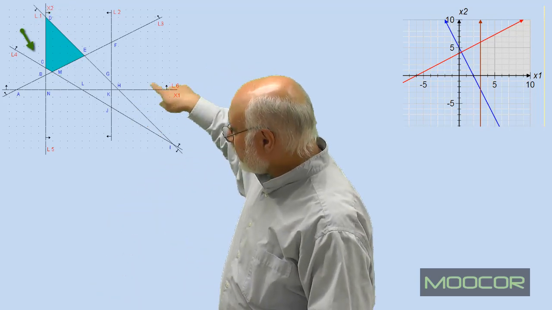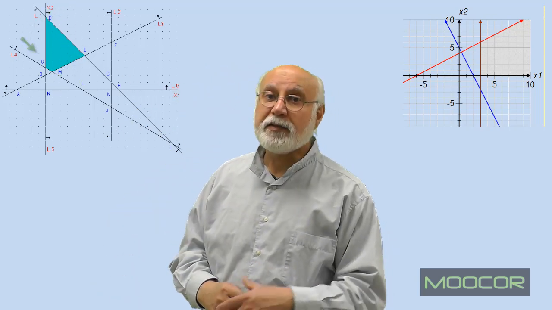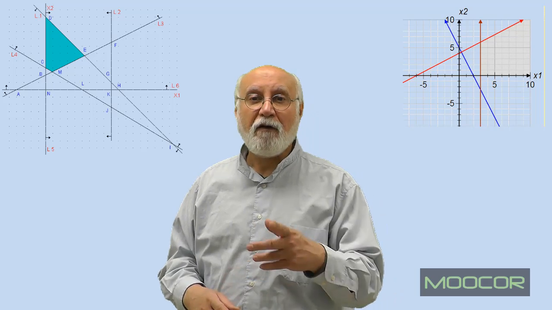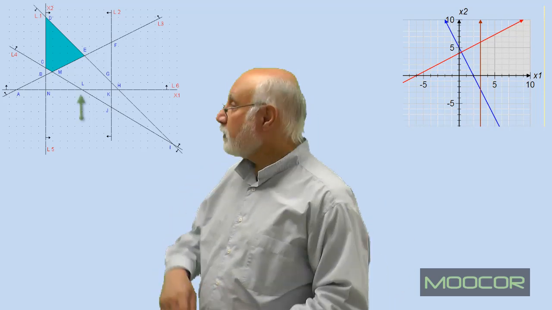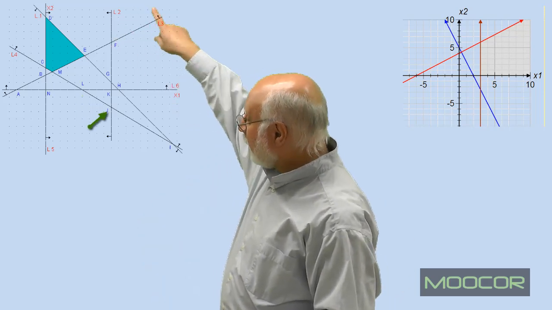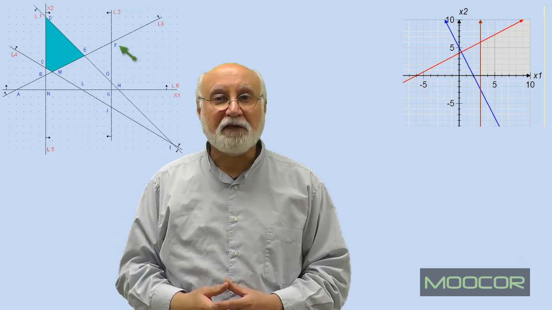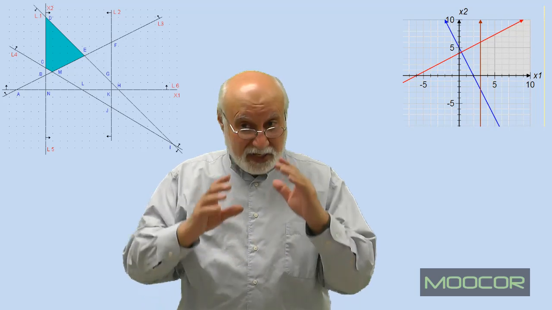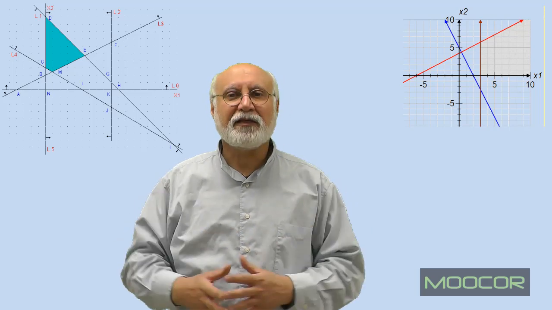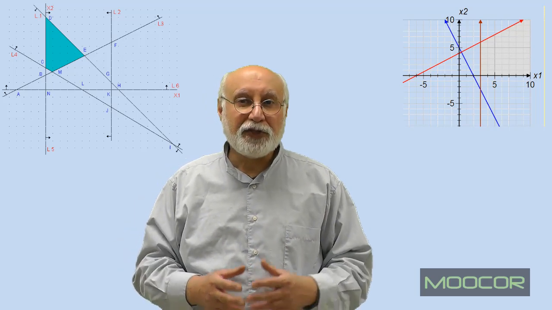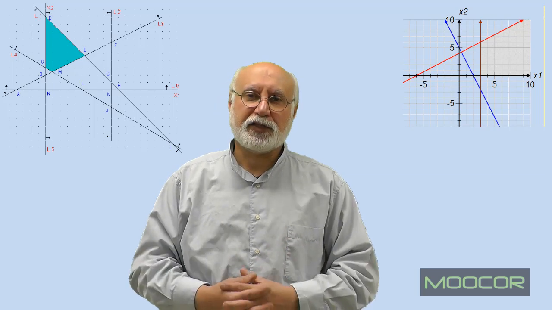For example, these are feasible. Some of the extreme points are infeasible. So that point, this point, that point, they are all infeasible extreme points. They are extreme points based on the definition, but they are infeasible extreme points.